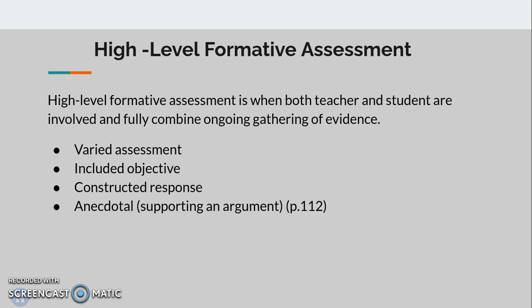High-level formative assessment is when both teacher and students are involved, with fully combined, ongoing gathering of evidence. These bullet points are also in the book on page 112, but this includes varied assessment, including objective, constructed response, and supporting an argument with evidence that they have.